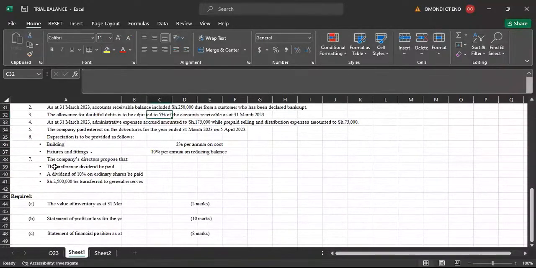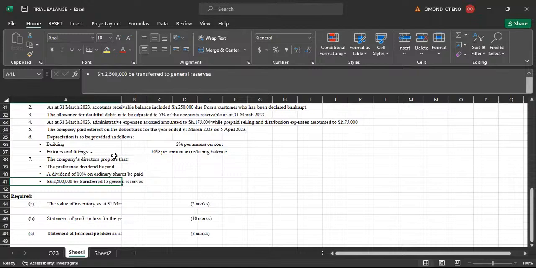They also proposed a dividend of 10% on ordinary shares be paid, and then 2,500,000 be transferred to general reserves. When we transfer this to general reserves, we are going to reduce the retained earnings carried down to be transferred to the statement of financial position.